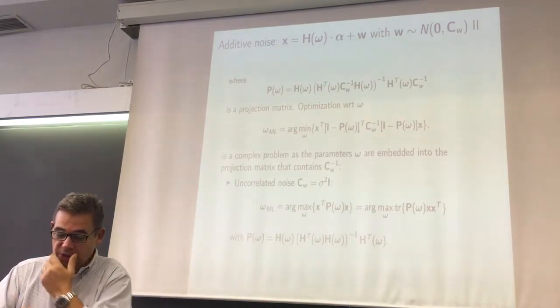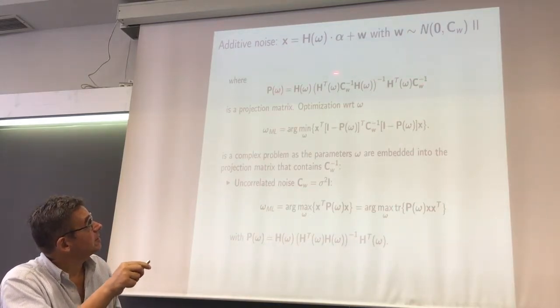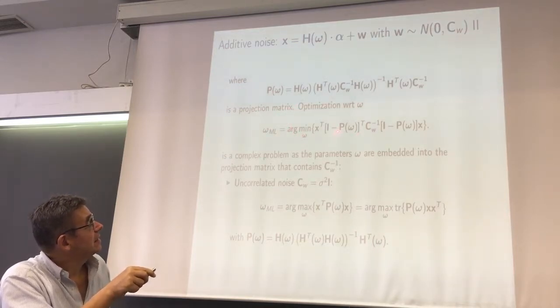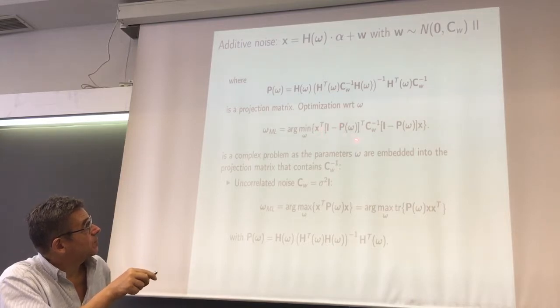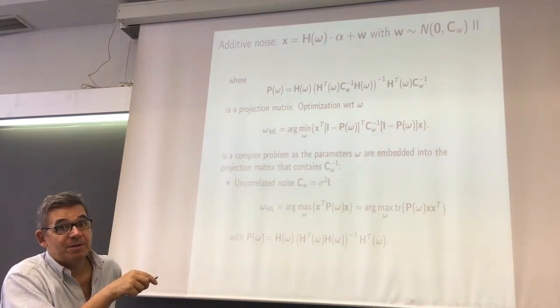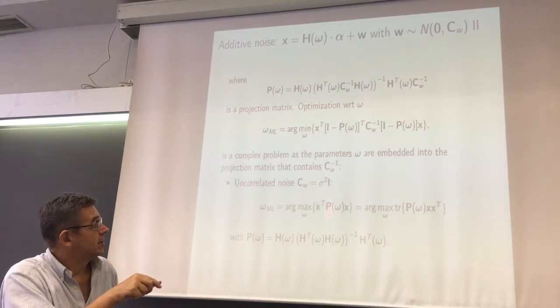Now, what is the projector? The projector is this one, which is very complicated. And what it's telling is that I need to minimize, so I collect X transpose system, so I need to minimize that. Now, if I'm in a very special case where the noise is white, it's similar.